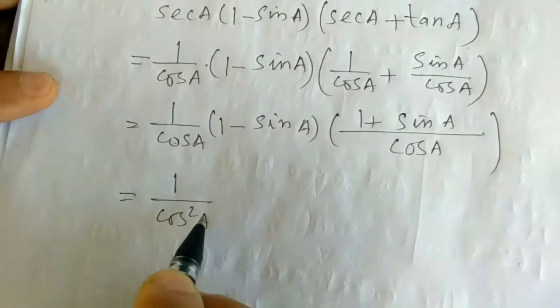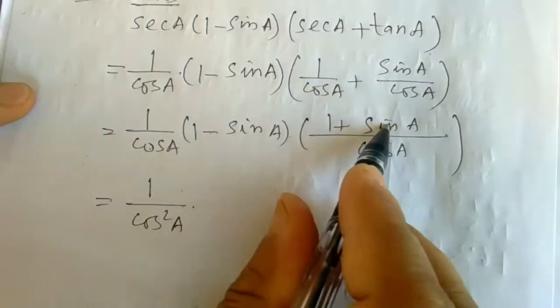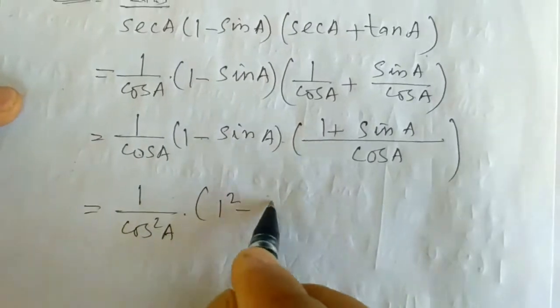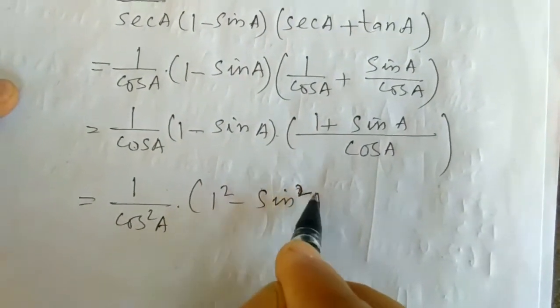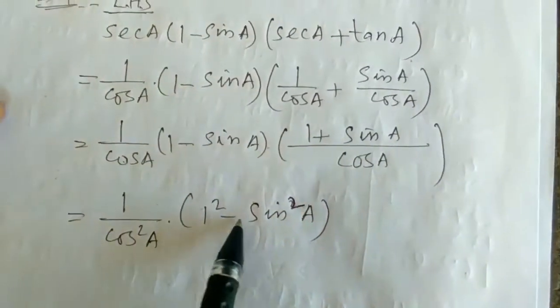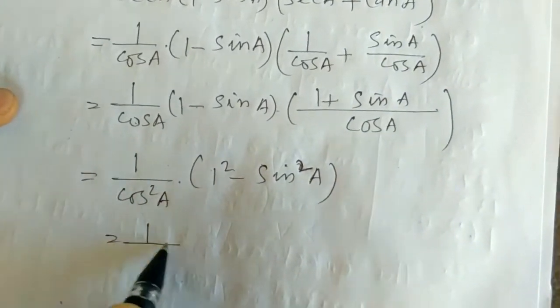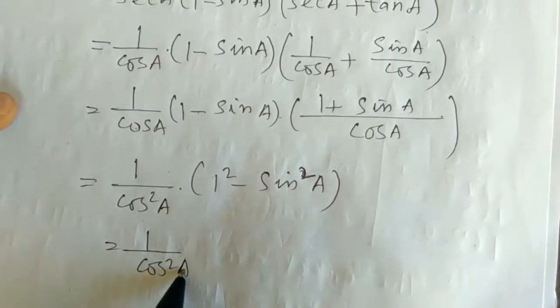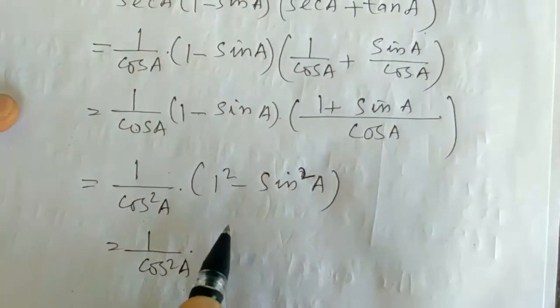square a. Okay, this is a minus b into a plus b, so it will be a square minus b square. If you apply the formula in the form of a square minus b square. Okay, a minus b into a plus b, a square minus b square. Clear now? 1 by cos square a. 1 minus sin square theta equal to cos square theta.